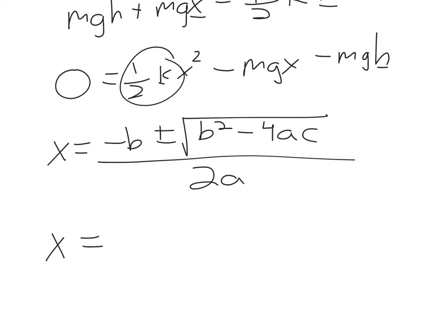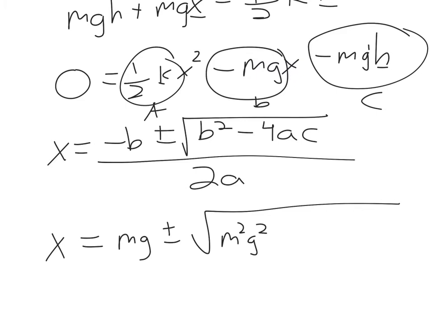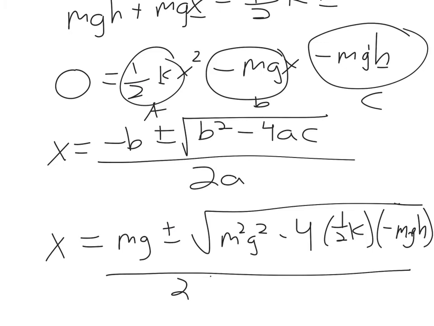So this is A, this is B, this whole thing is C. So there's a negative boy, which was already negative, so that's mg plus or minus the square root of b squared, which is m squared g squared, minus 4a, which is half of k, c, which is negative mgh, all over 2 times 1/2 of k.